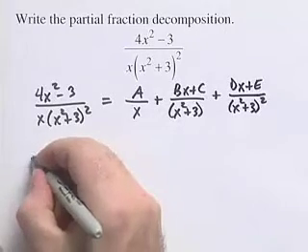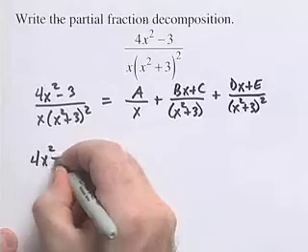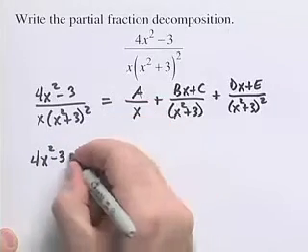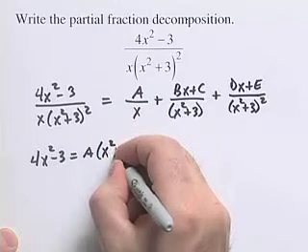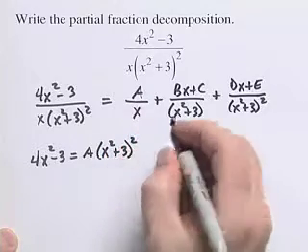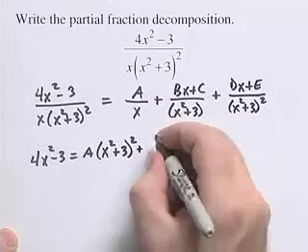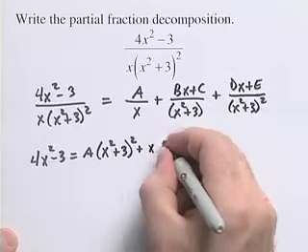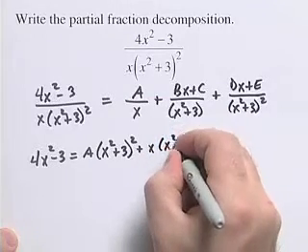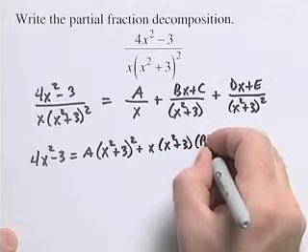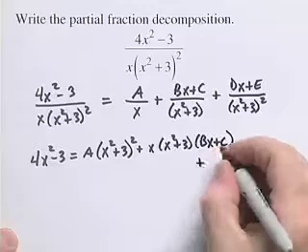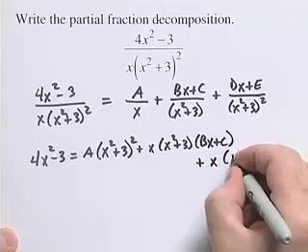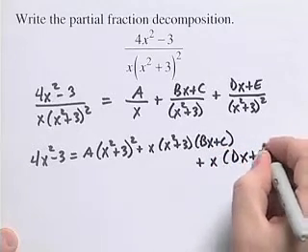That'll give us the identity 4x² − 3 is equal to A times (x² + 3) quantity squared plus x times (x² + 3) times (Bx + C) plus x times (Dx + E).